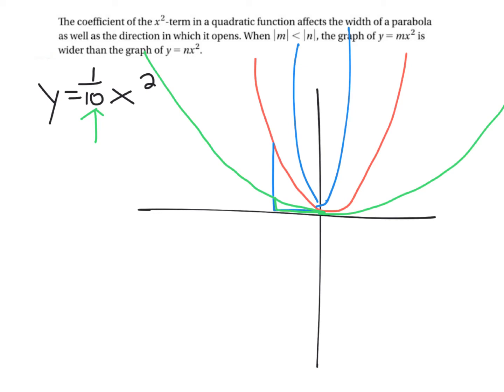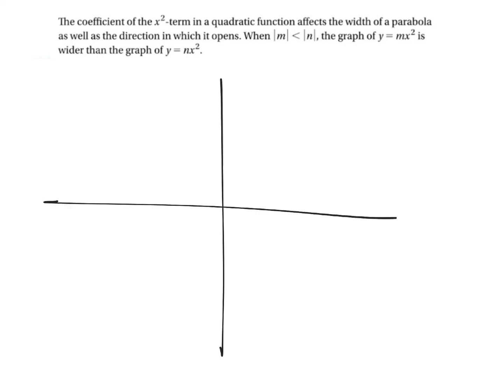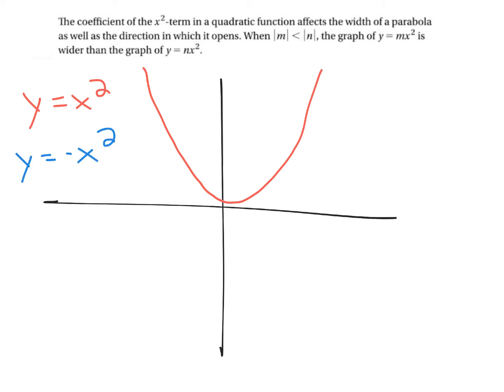What about if we have a coefficient that is negative? Well, in terms of how it stretches or changes the shape, if we went from y equals x squared to y equals negative x squared, the only thing that's doing is saying, instead of going over and then up, you go over and then down, but you go down the same amount.